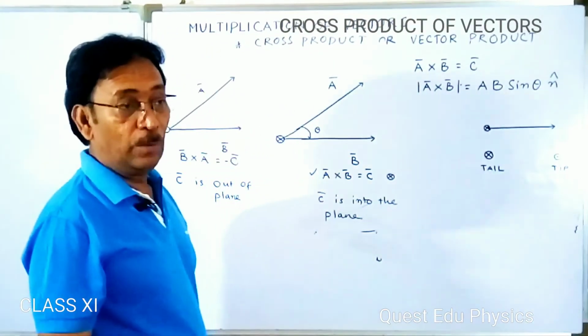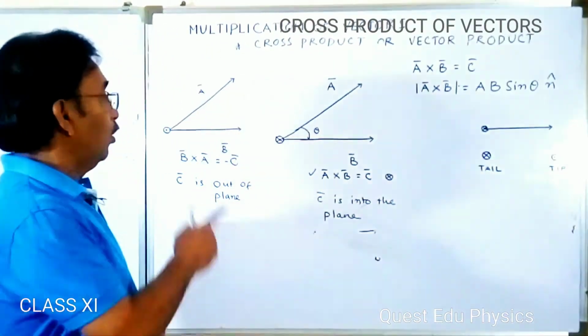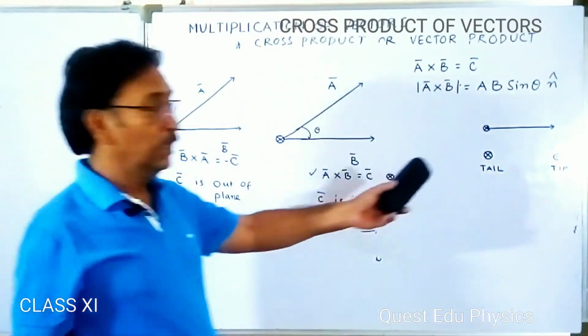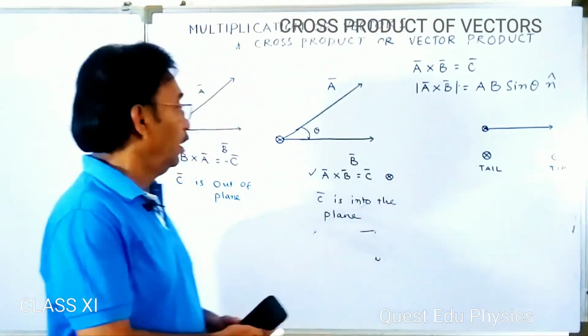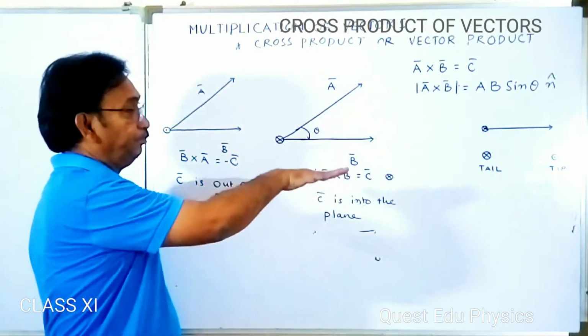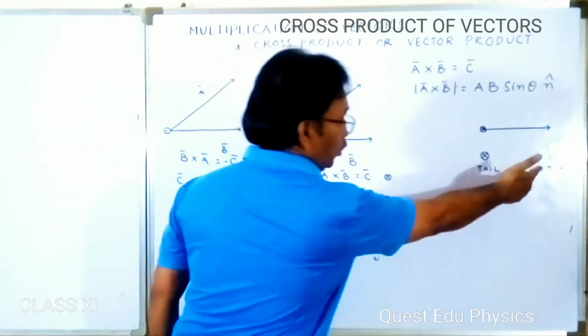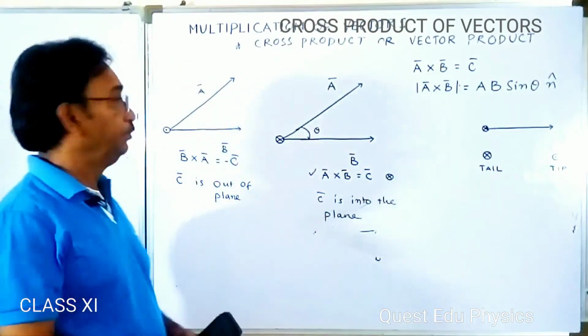Now we are going to learn about few examples of the cross product. I already told you how you can find out the direction. This is the key point. Okay, if the thumb is into the plane, it is shown by the arrow, and out of the plane it is shown by the tip of the arrow.